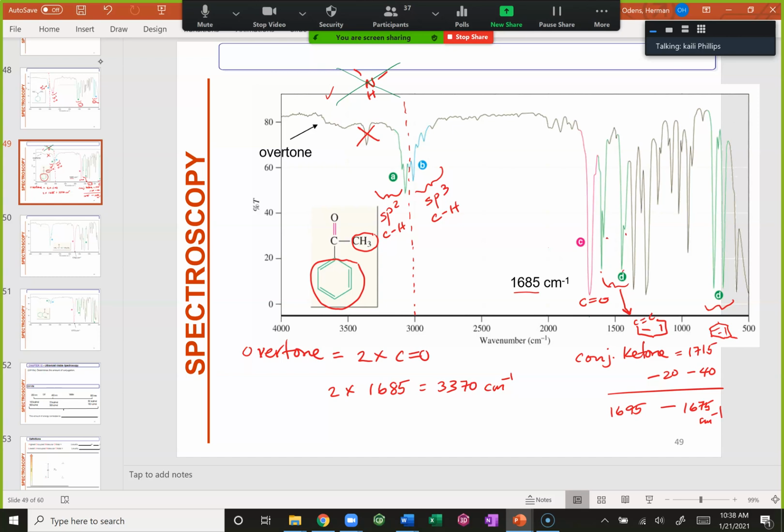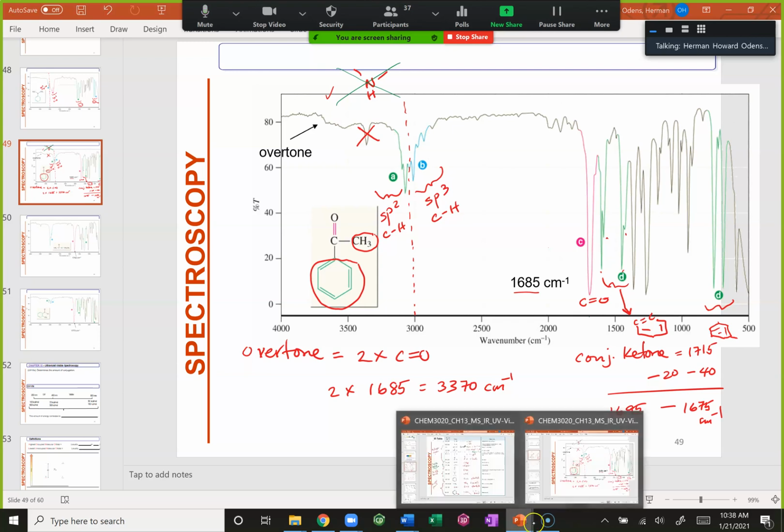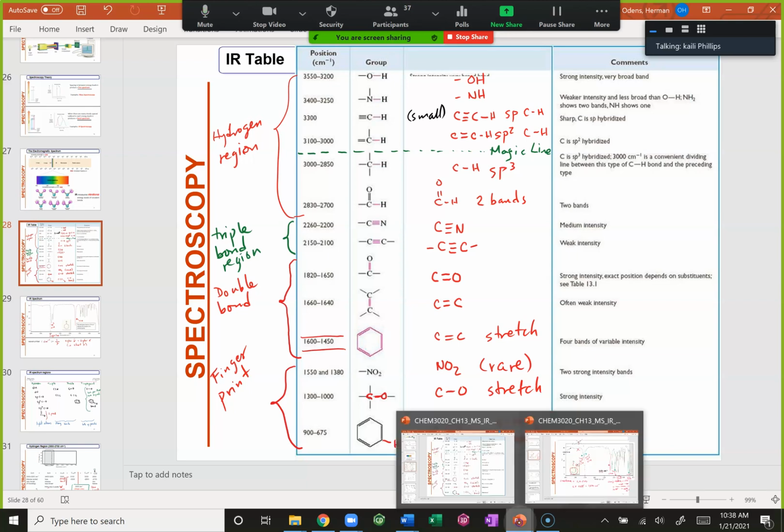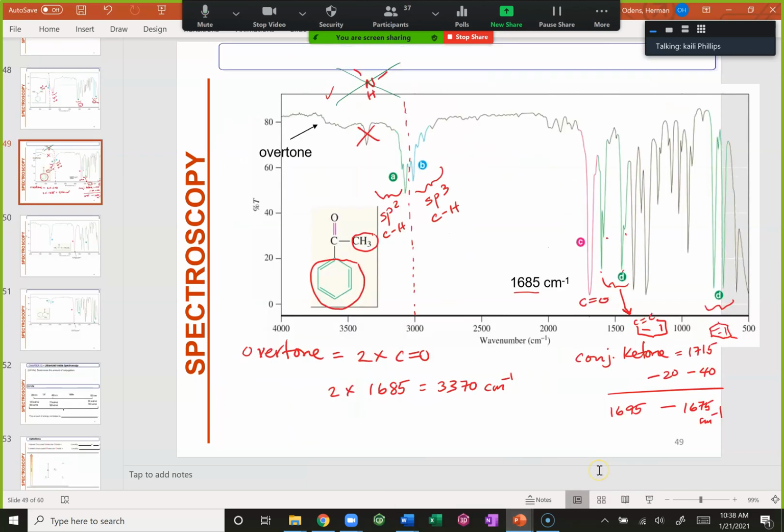We just have to make sure that they're in the area that we mentioned earlier. Where is it? Right here. So they should be around 1600 to 1450. Okay. And here's the CH band.